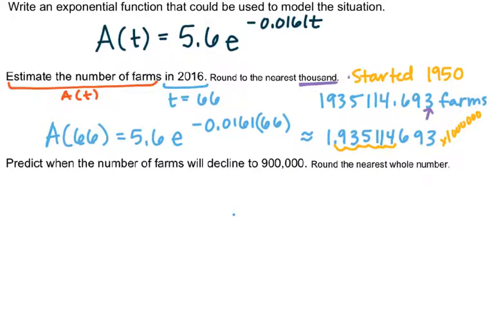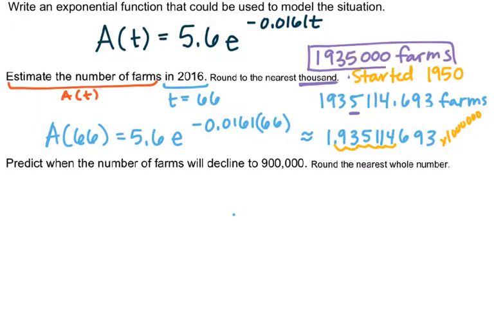So in this situation, we're going to round to the thousands place. And the thousands place is this 5. So my final answer would be 1,935,000 farms. So rounding appropriately, this is what I would get right here.